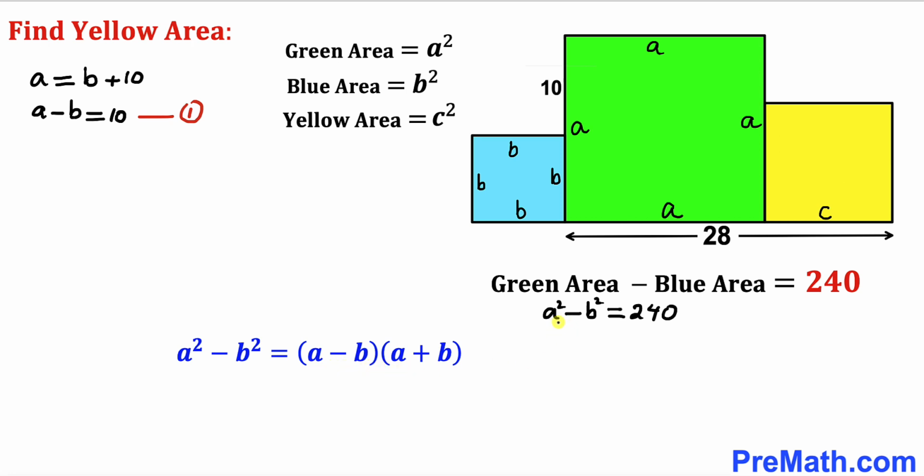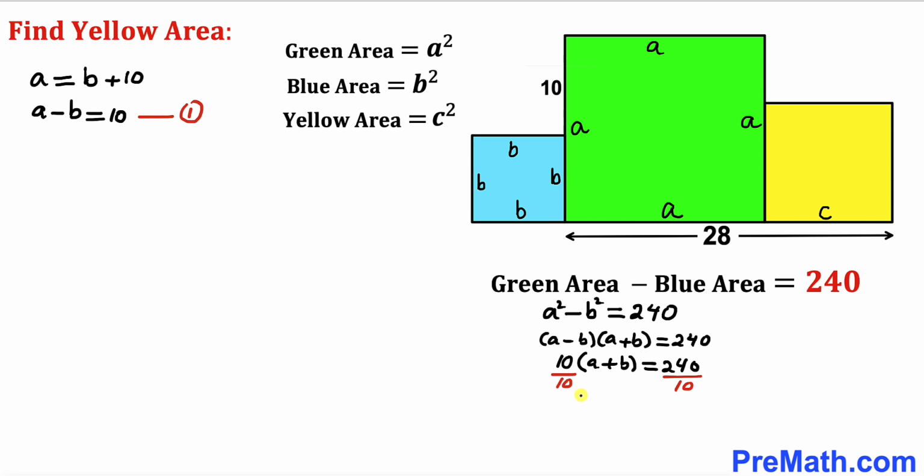So a minus b times a plus b equals 240, and we know a minus b is 10, so 10 times a plus b equals 240. Now let's divide both sides by 10, so our a plus b value turns out to be 24.